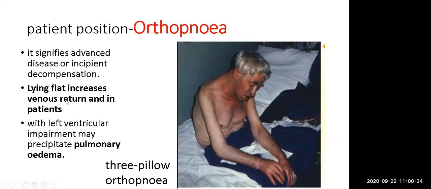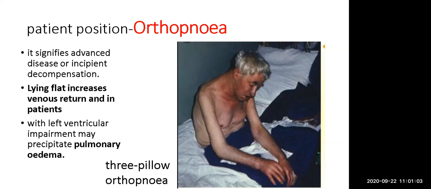What does it mean? It means that when the patient lies on the bed, what happens? Do you remember the pulmonary circulation? So the blood pressure grows from the left ventricle to the left atrium and goes to the pulmonary arteries and to the lungs.